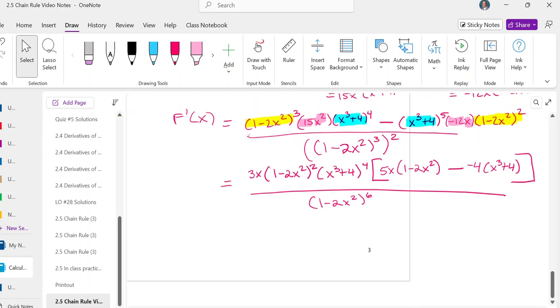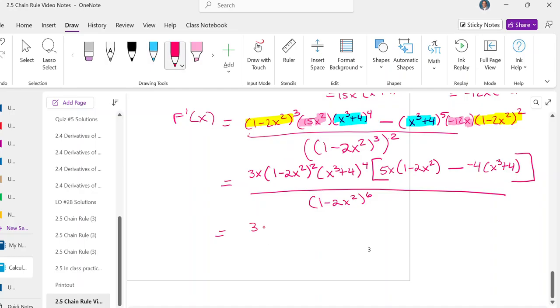So now, we still have what we took out, 3x times (1 minus 2x squared) squared times (x to the third plus 4) to the fourth. And then here, when you distribute, you have 5x minus 10x to the third. And then this becomes plus plus.